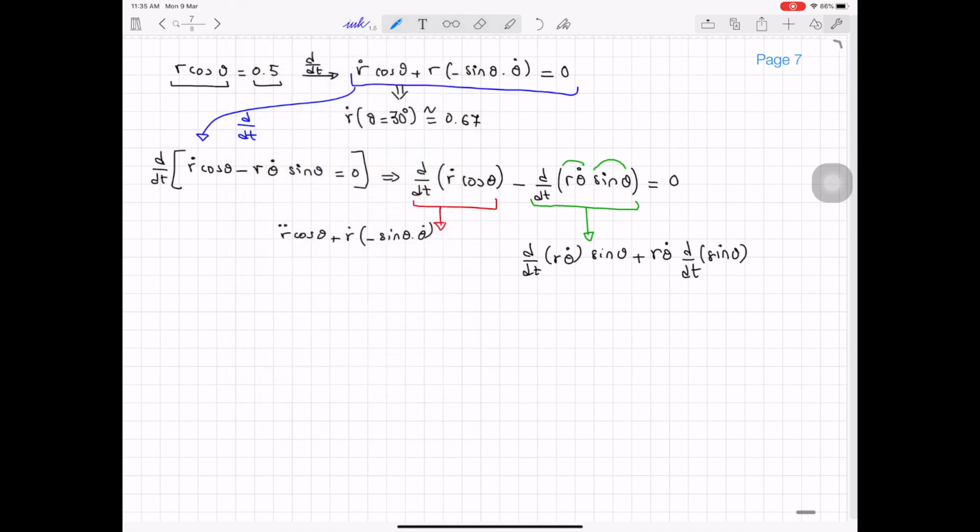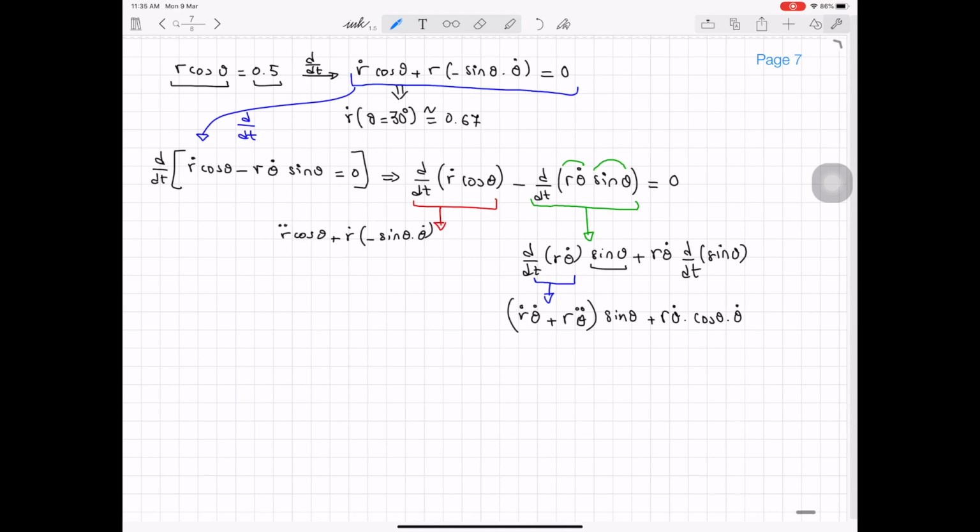Now we go to d over dt of R theta dot. This is the product of two functions, and we can calculate its derivative with respect to time easily like we did before. It will be R dot theta dot plus R theta double dot. Don't forget that it is all multiplied by sine theta, plus R theta dot times the derivative of sine theta with respect to time, which is cosine theta times theta dot.